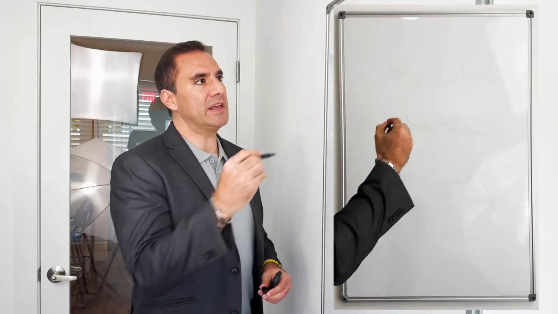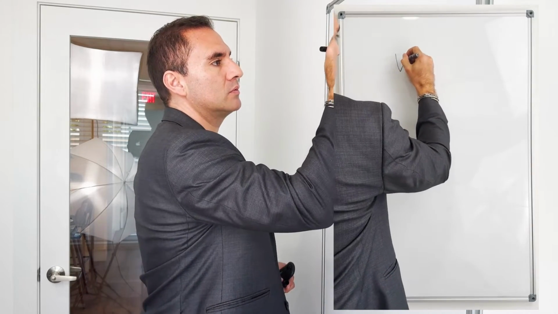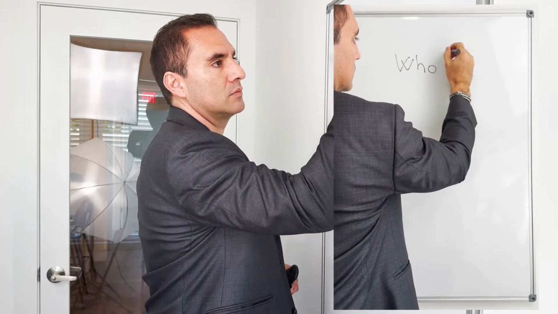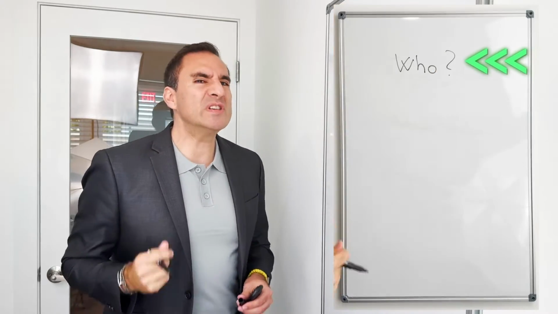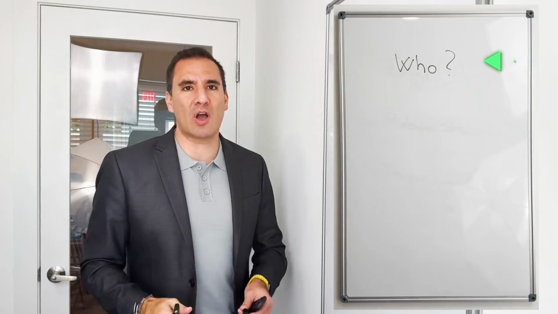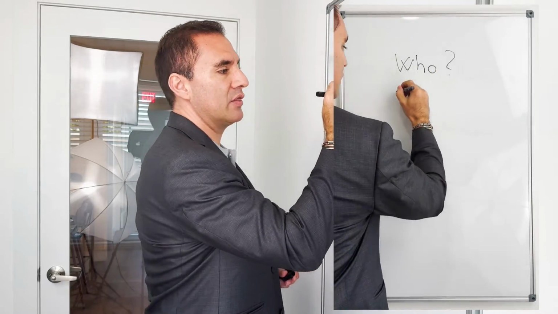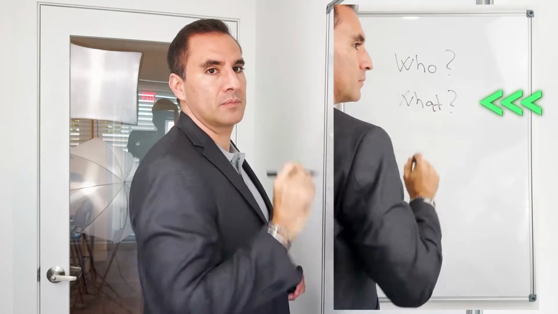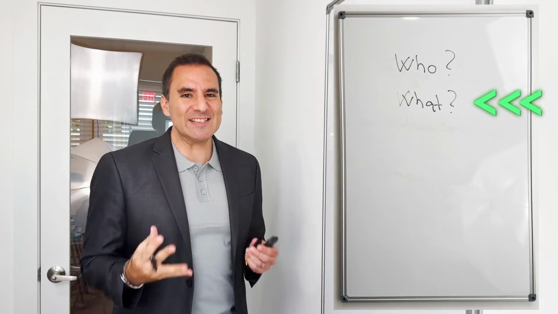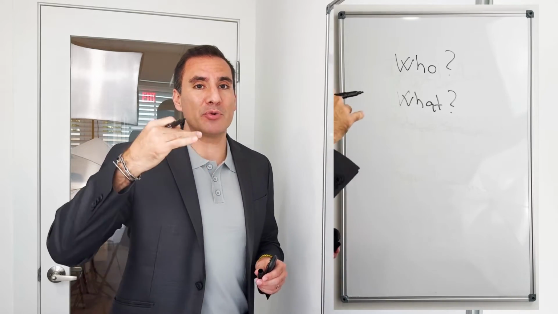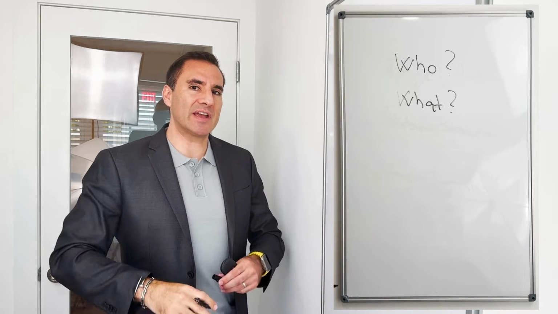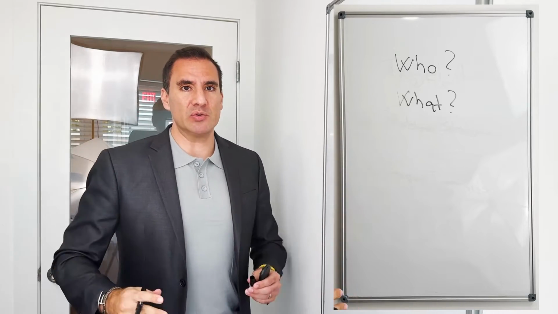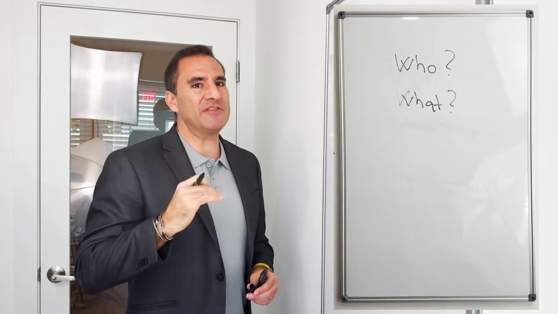First, who is experiencing the problem? Who are those customers? Then, what exactly is the problem? You need to be precise on that. It's not just a full bag of issues. You need to be solving a specific problem.